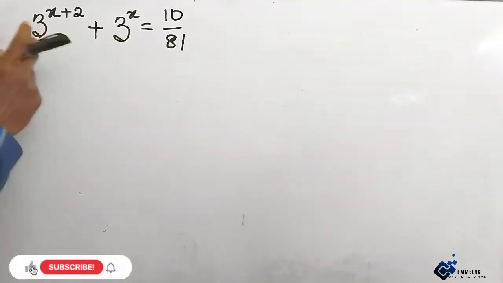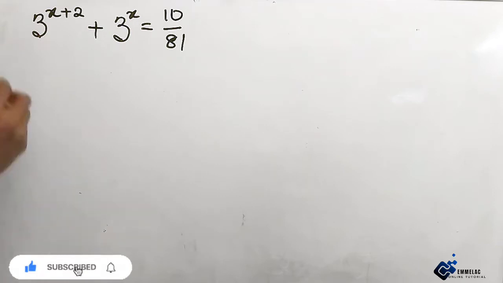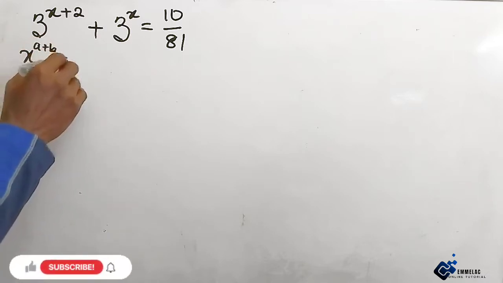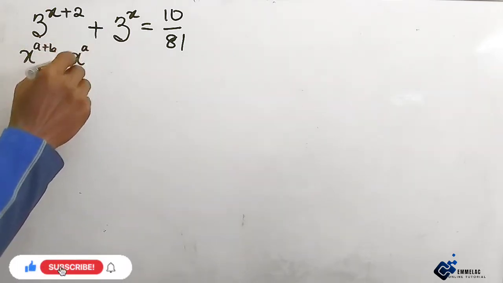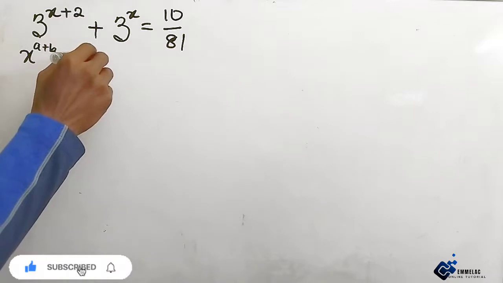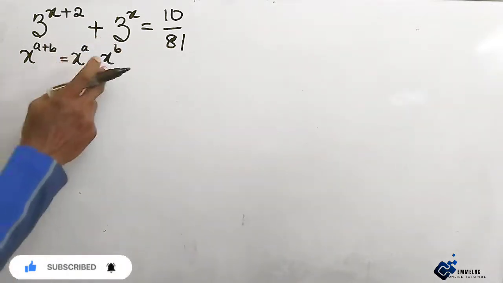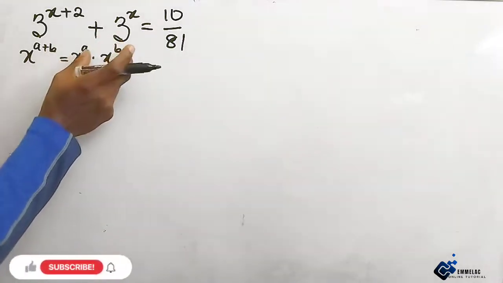Now, let's first of all expand this. Recall that in the law of indices, x raised to the power of a plus b is the same thing as x raised to the power of a times x raised to the power of b. Since they have the same base, the powers are summed up.